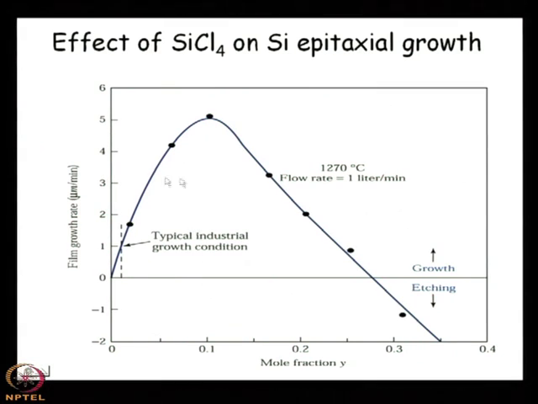So, that is not applicable only for silicon epitaxial growth. This is applicable for all materials. When you use a particular material in the vapor phase, either in chloride or in hydride form, you have to check whether there will be any reversible reaction which will degrade the performance of your growth process, whether there will be etching, whether there will be removal of your material from the surface. If there is substantial removal of the material, then that will not be cost effective, and this high purity material you have to lose, that will go as a waste product, you cannot use those things.